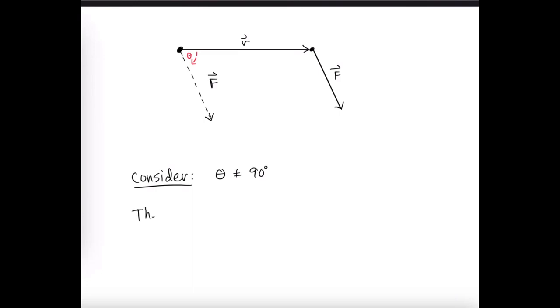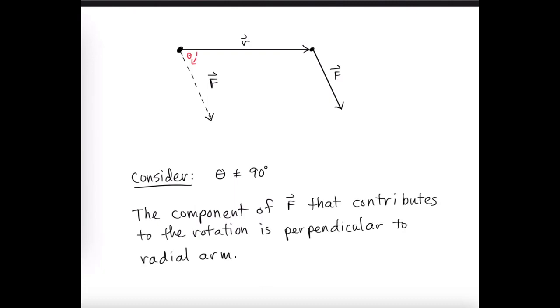What we'll see here is that the component of the force vector that actually contributes to the rotation is the one that is perpendicular to the radial arm. So let's see if we can make sense of that.